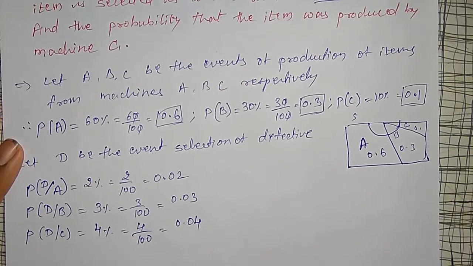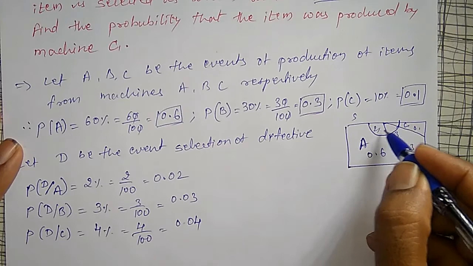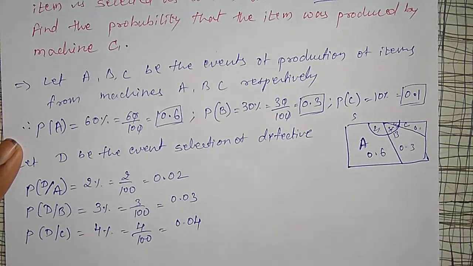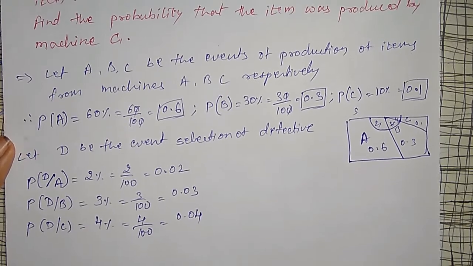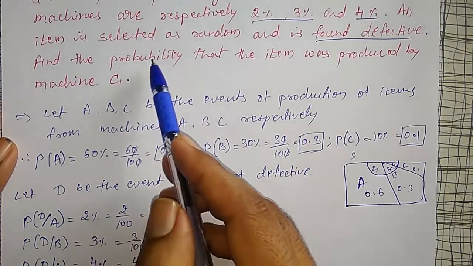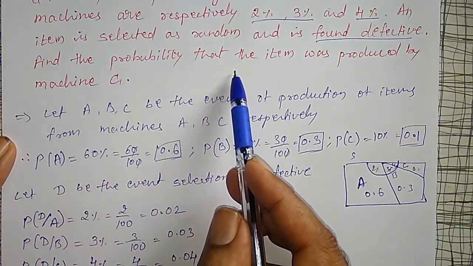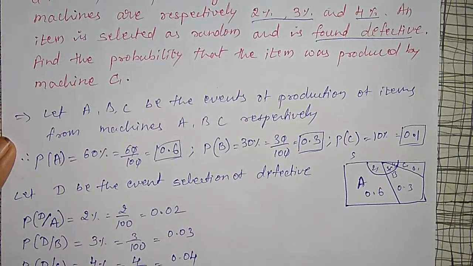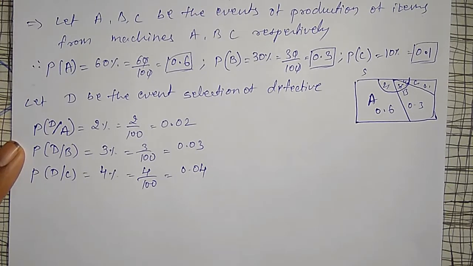Now what do I have to find out? These are 2%, 3% and 4%: production has happened, then defective. But what is the question they have asked? If the selection is random and the item is found to be defective, find the probability that the item was produced by machine C. Here, I have to find it in reverse.